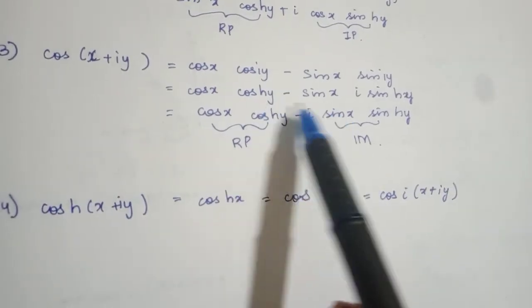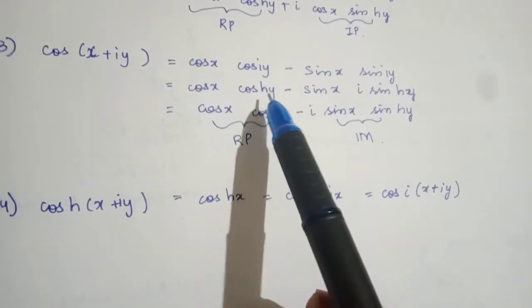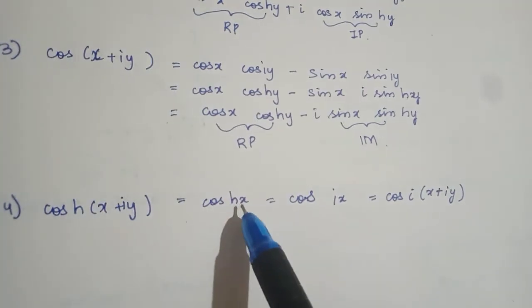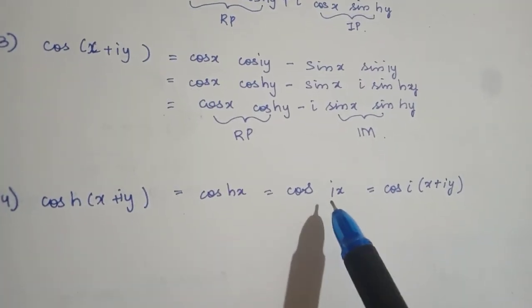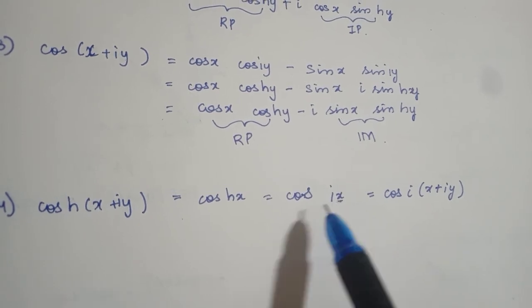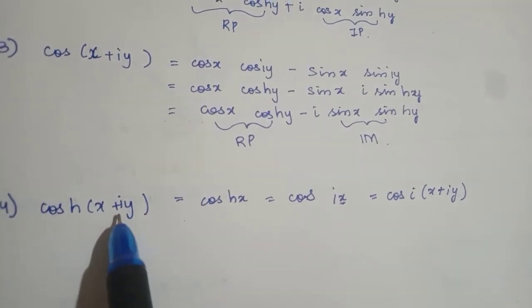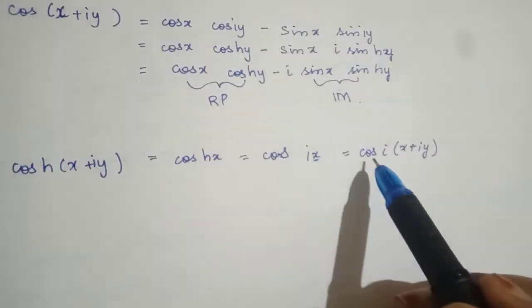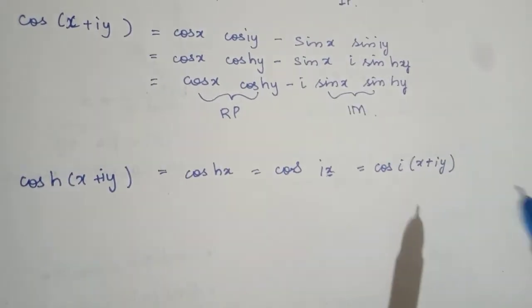As I said here, cos iy is cosh y. Same like that, cosh x is equal to cos ix. So considering x plus iy as the whole term, replacing it in the place of x, you get cos i into x plus iy.